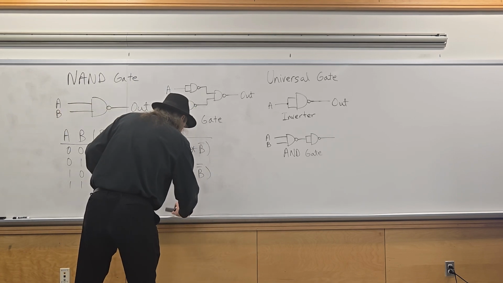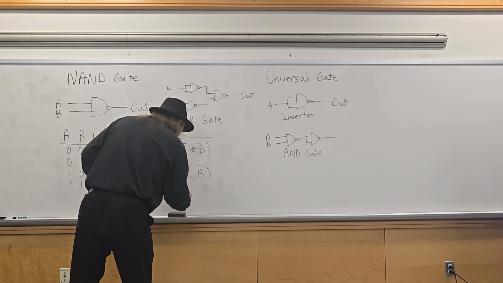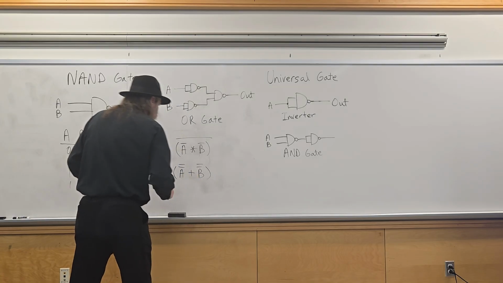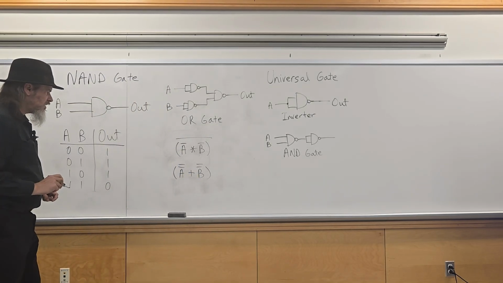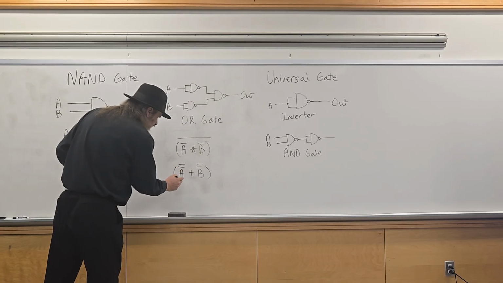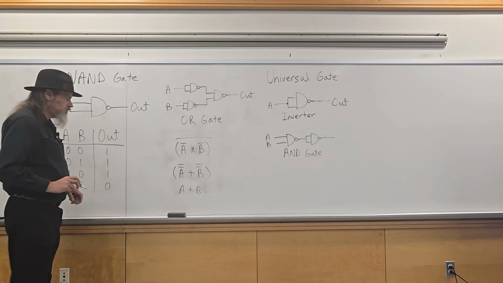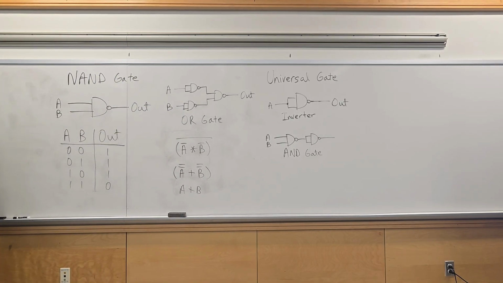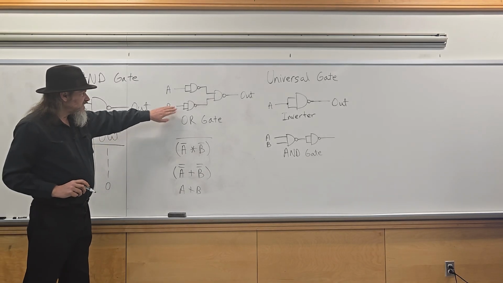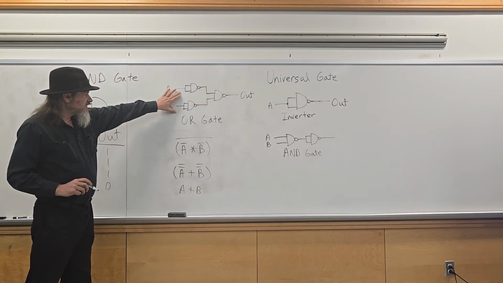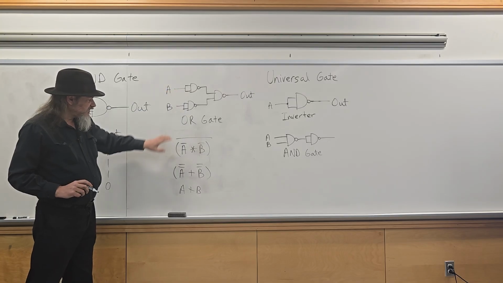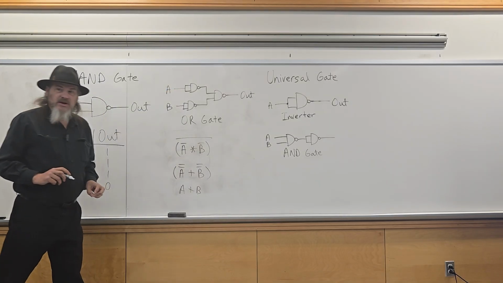And you switch the operation, and the two bars cancel each other out, leaving A plus B. So this schematic is equivalent to the OR gate.